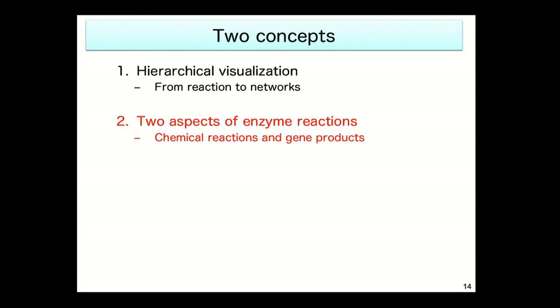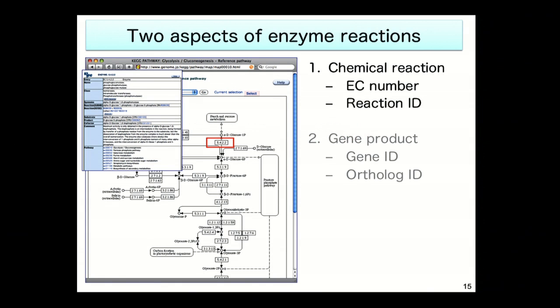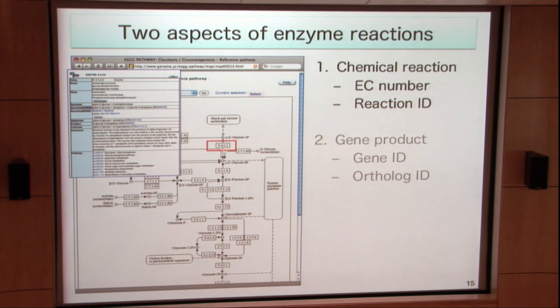And another concept is the two aspects of the enzymatic reactions. Each pathway includes rectangles like this, indicating the chemical reactions and also gene products.